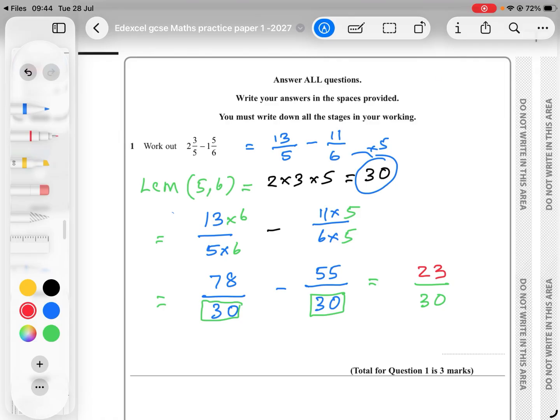So 78 take away 55: 8 take away 5, 3; 7 take away 5, 2; 23. So this is the answer: 23 over 30.